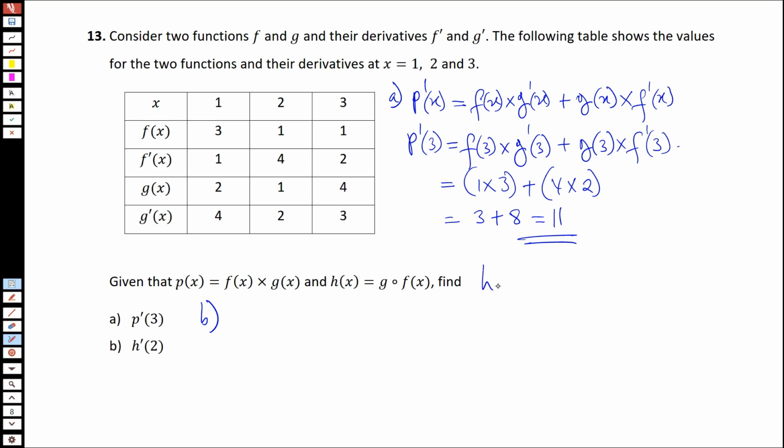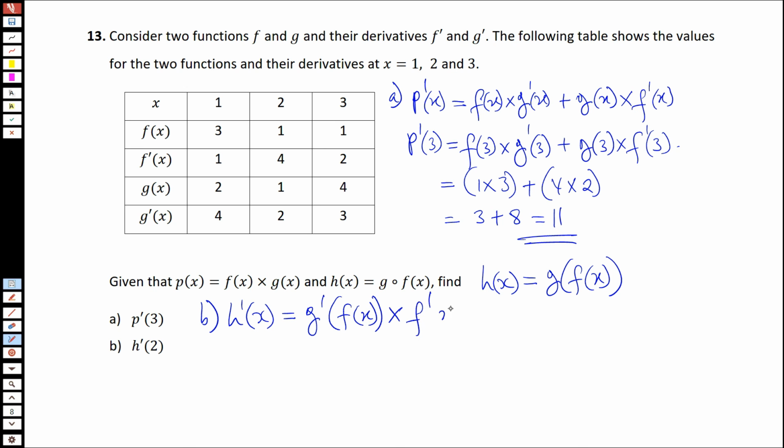So basically h of x is equal to the composition of g and f, and it's written that way. Now here notice that you have a function inside another function. So if you want to find the derivative of h, then we have to apply chain rule. And chain rule states that you can start by differentiating outside followed by inside. So that will be g dash f of x multiplied by f dash x.